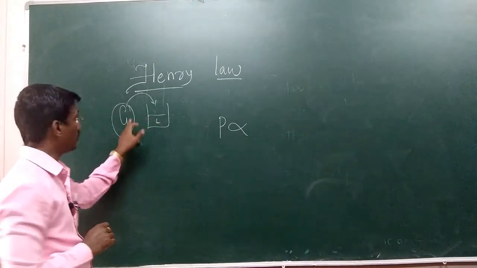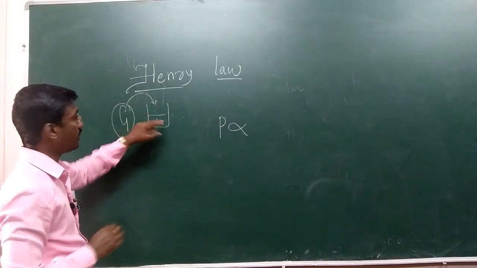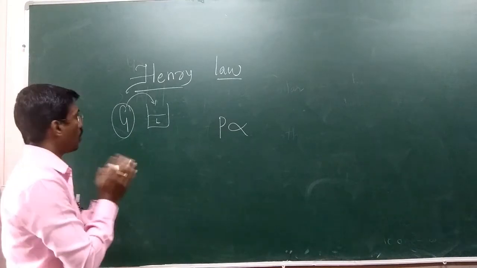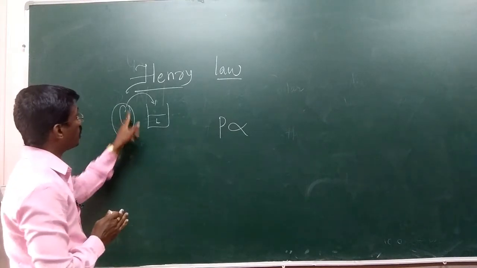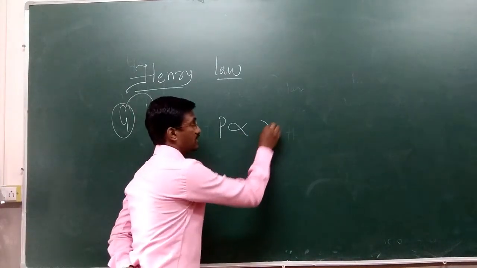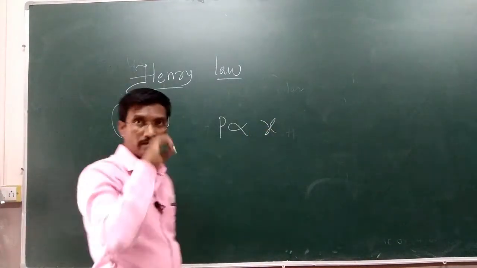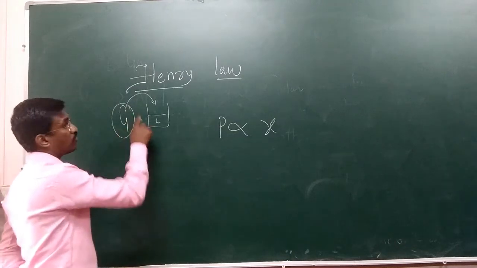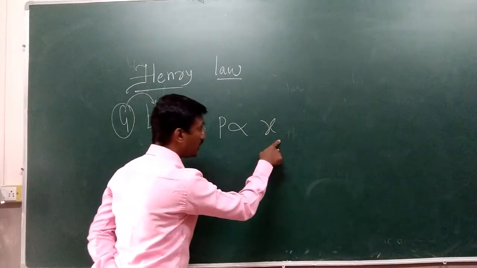This is the solution. After adding the solute in a solvent, it forms the solution. How many moles of solute are present in a solution? X is nothing but the number of moles of solute in a solution.